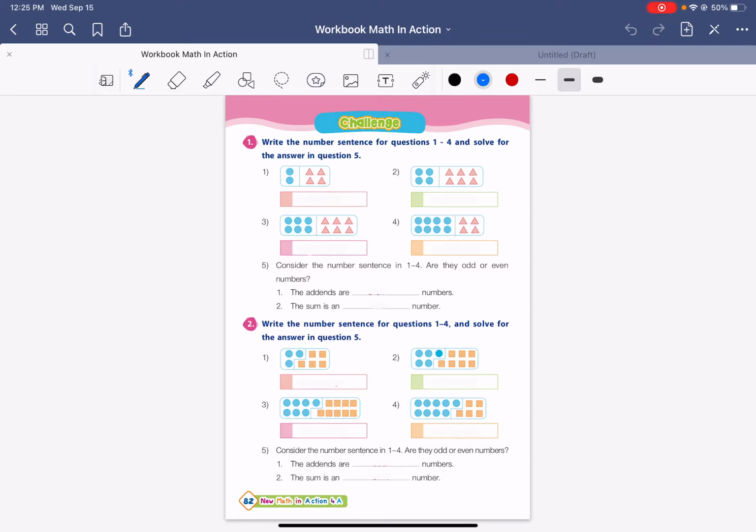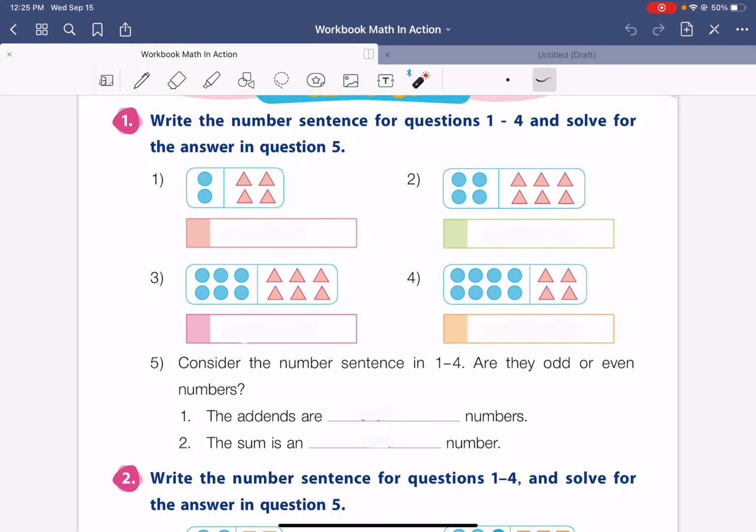All right, so write the number sentence for questions 1 to 4 and solve for the answer in question 5. So here we have 2 circles, 4 triangles.